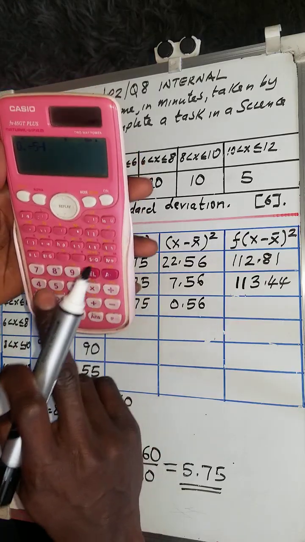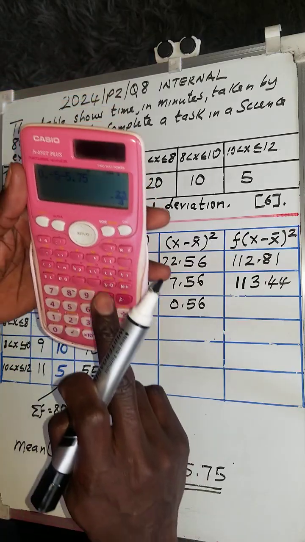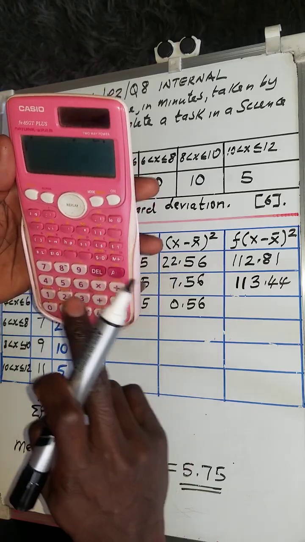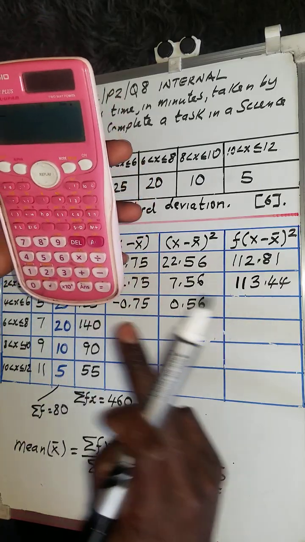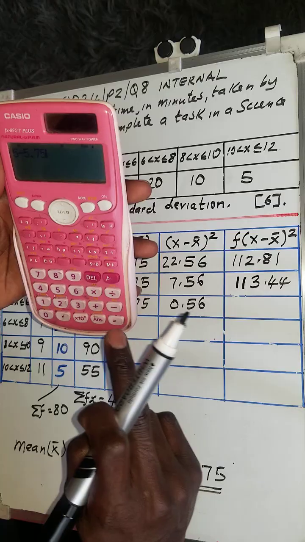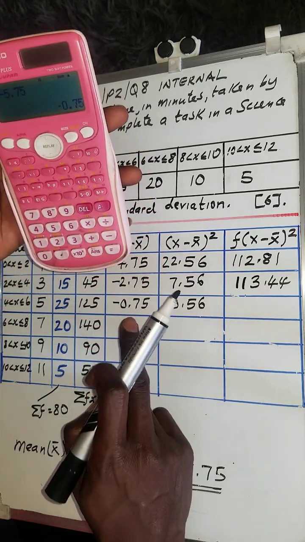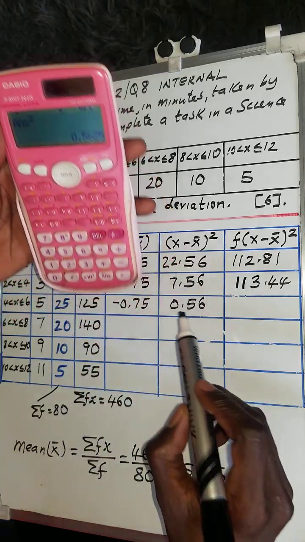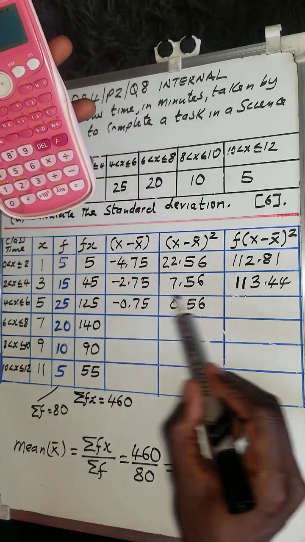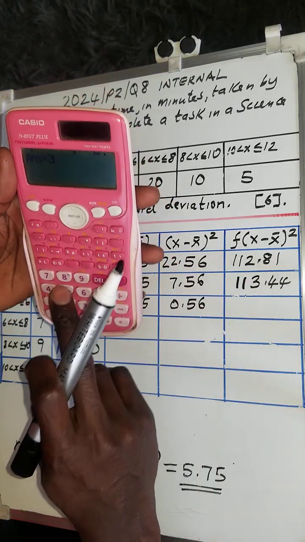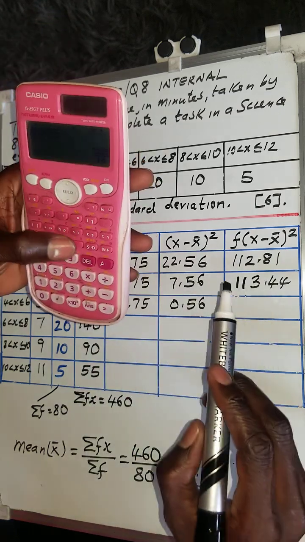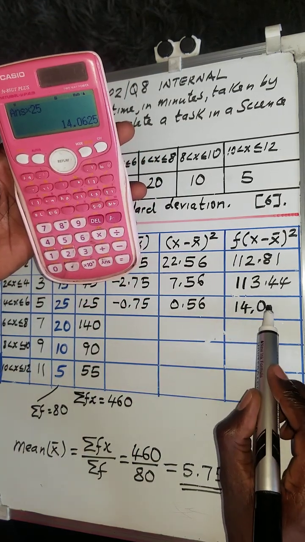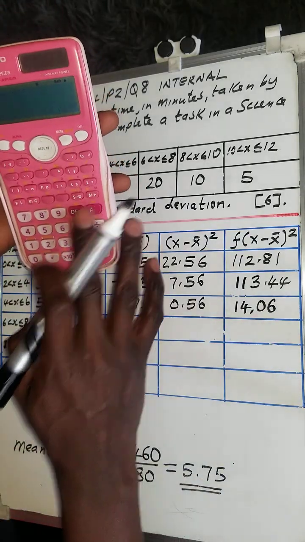That is 5 minus 5.75. We got a negative 0.75, and I squared that one. Then multiply this value by the frequency, which is 25. It is simply giving me 14.06 to 2 decimal places.